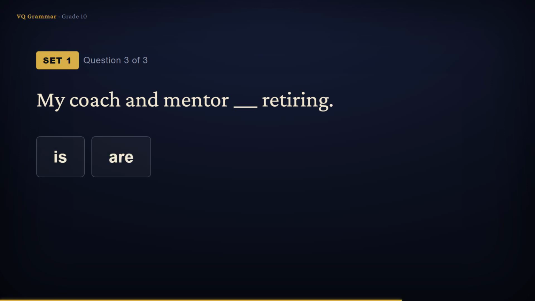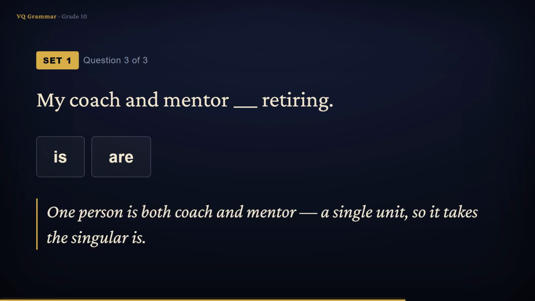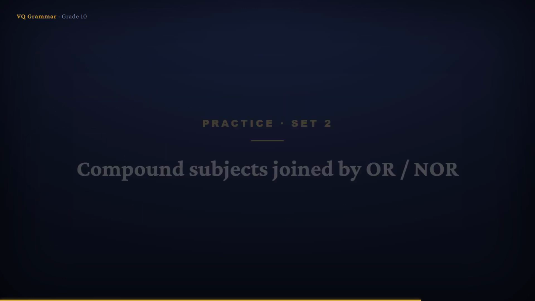My coach and mentor, blank, retiring. Ask yourself, is that 2 people or 1? There is no second my in front of mentor, so the coach and the mentor are the very same person. A single person takes a singular verb, so the answer is the singular one.